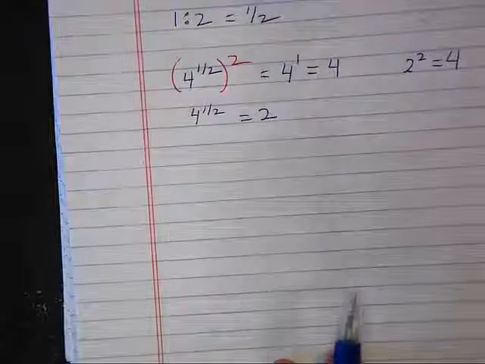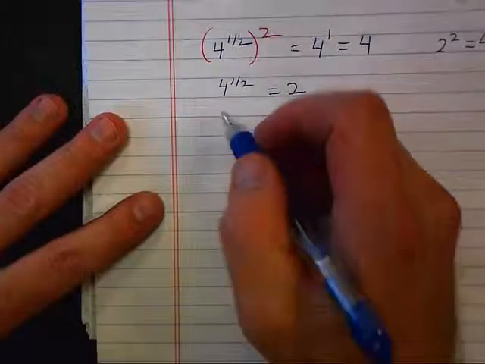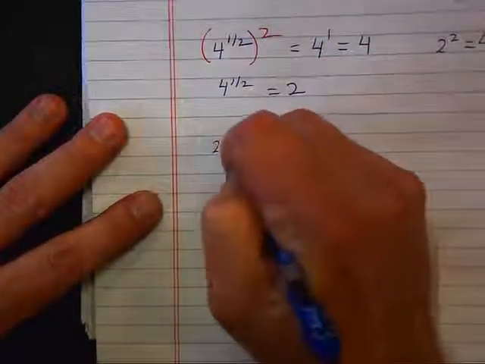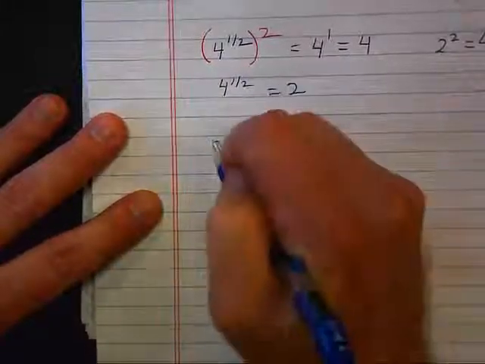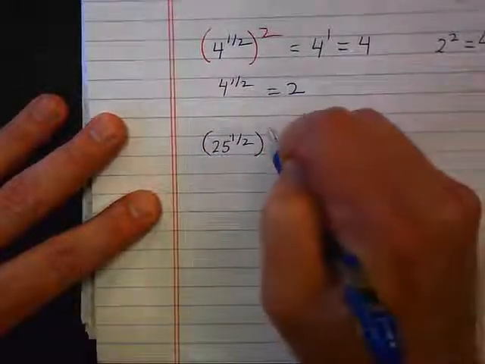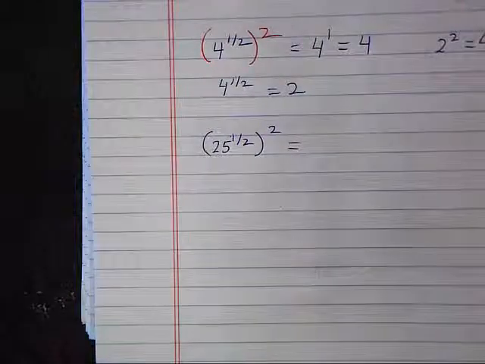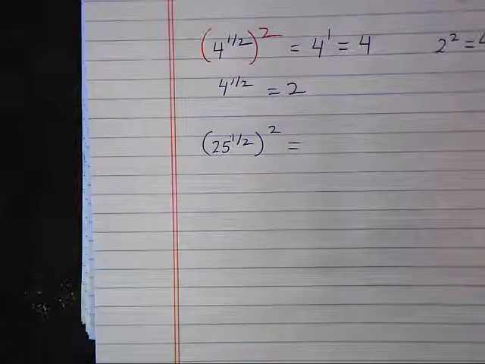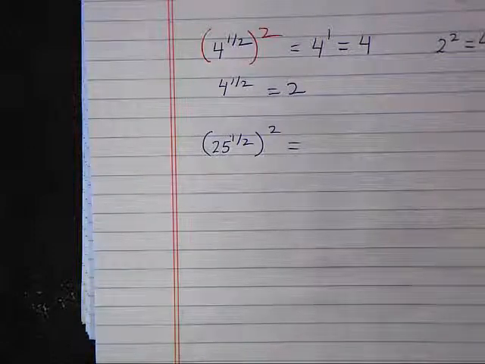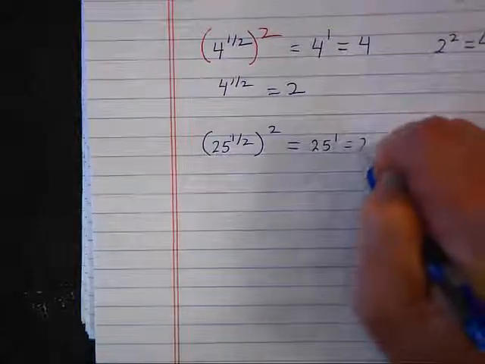All right, how about if I were to take, let's see, I need another nice number. How about 25 to the 1/2? I'm going to do the exact same trick. I'm going to take 25 to the 1/2, and I'm going to square it. If I take 25 to the 1/2 and I square it, what do I get? 25 to the first power, which is a fancy way of just writing 25.